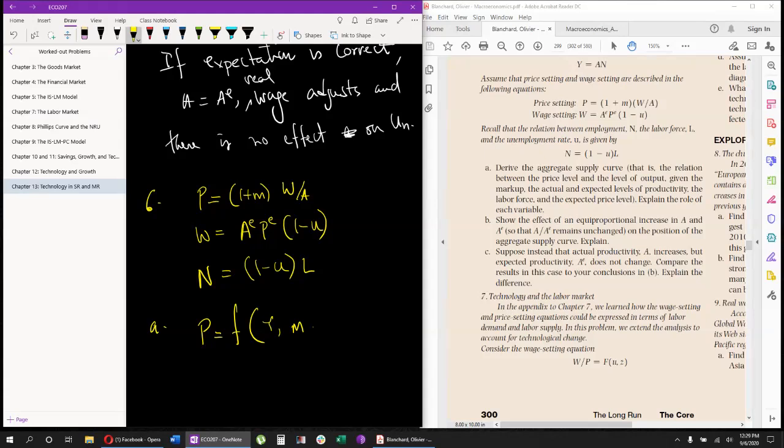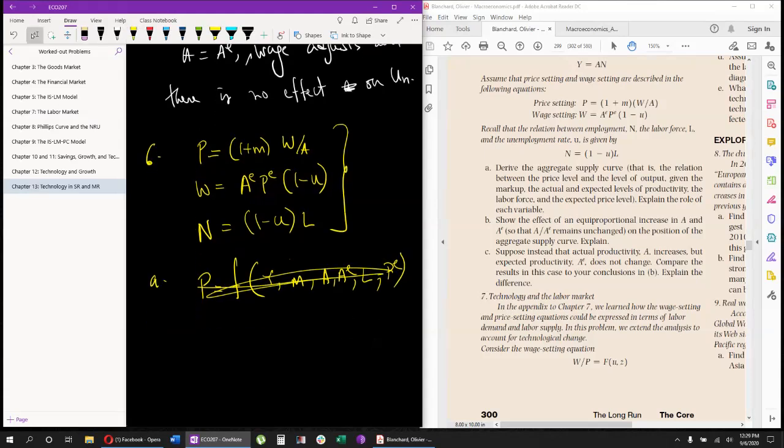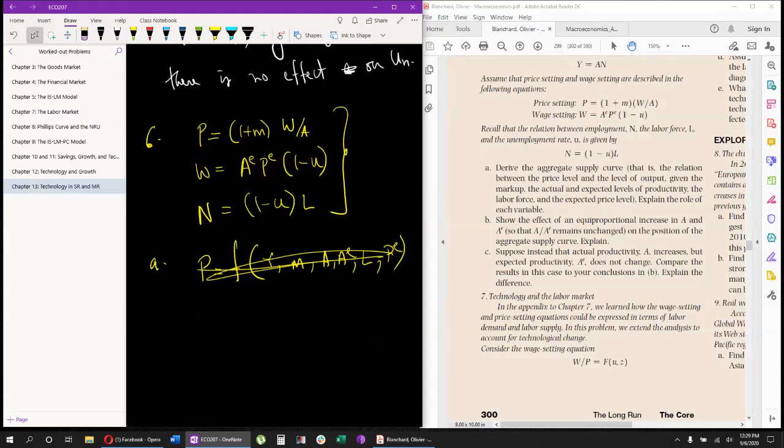Given the markup, the actual and expected level of productivity, the labor force, and expected price. Okay, you guys don't have to write this down. I'm just doing that for simplicity. So, okay, we take these 3 equations, and let's see what we have here.